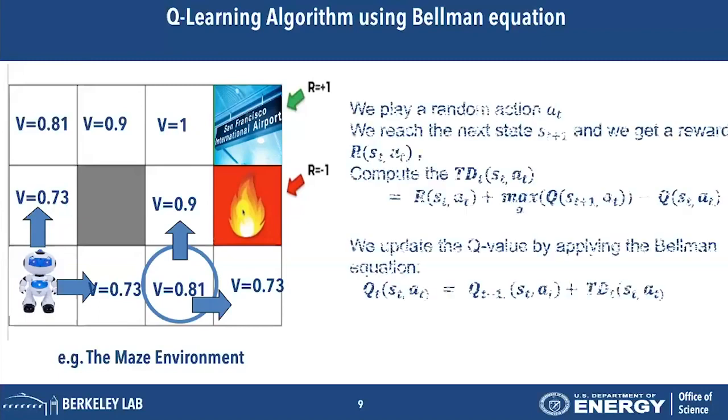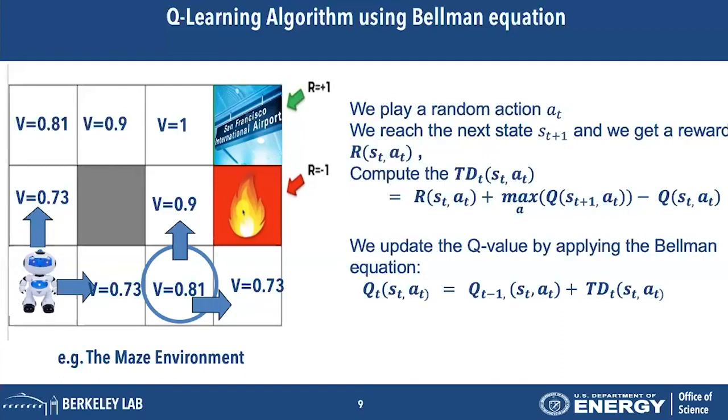So the main idea of the algorithm is it plays a random action, it changes the states, it gets a reward, we compute the temporal difference, and we update the Q values by applying what we call the Bellman equation. And all these computations are being stored somewhere which is called the Q table.